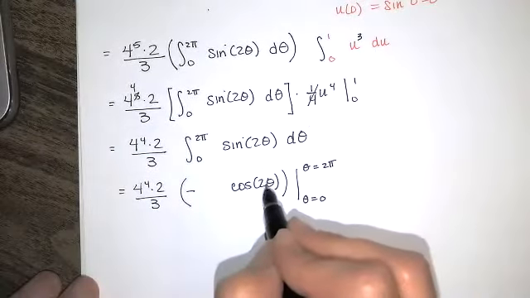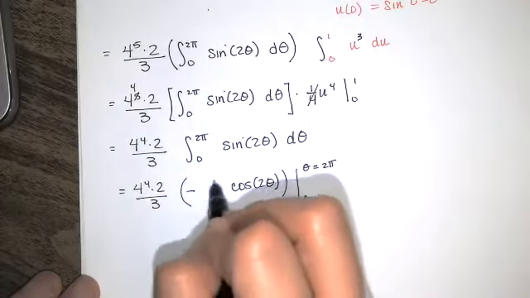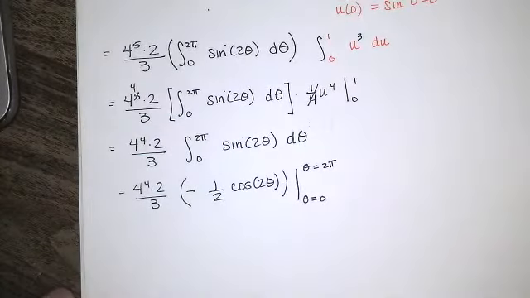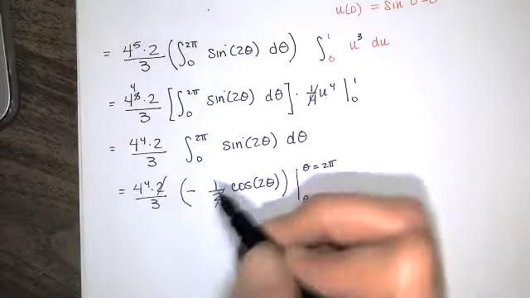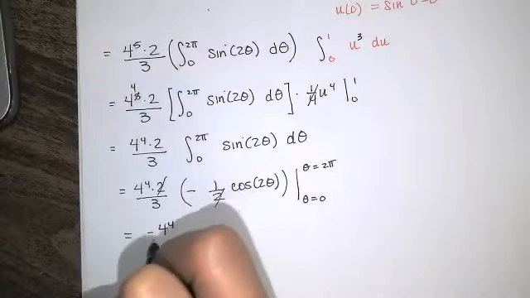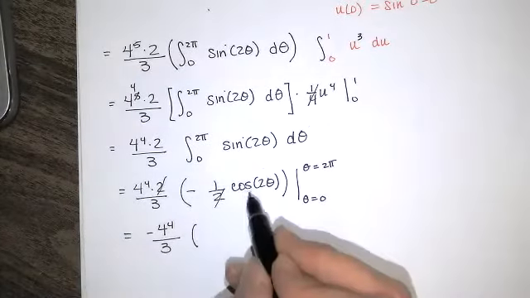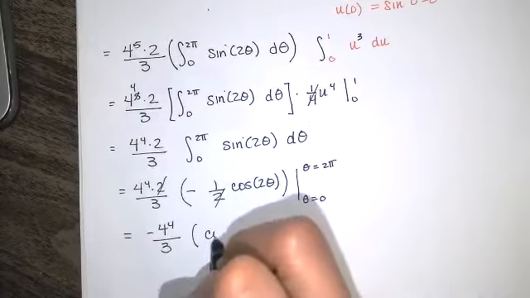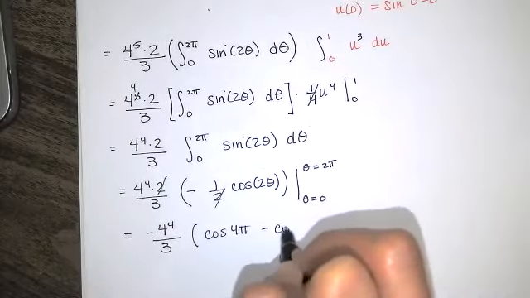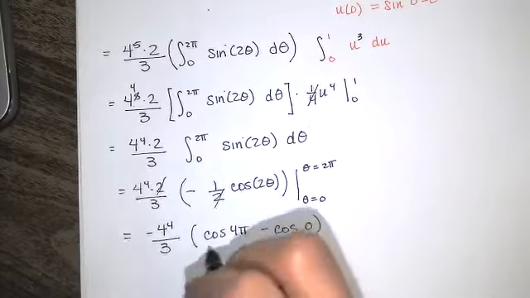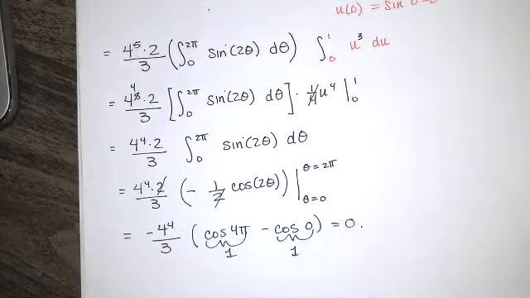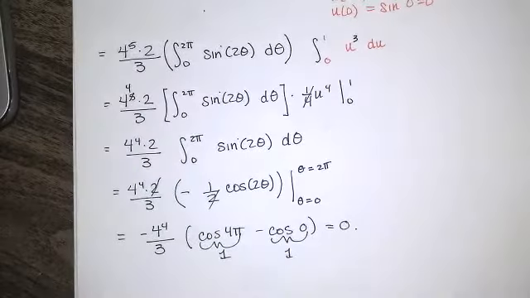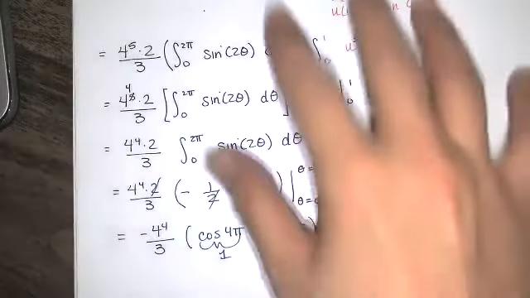Oh, and I forgot, since there is a constant multiplying that theta inside, we've got to have a 1/2 outside. So I'll take that negative and I'll factor it out. The 2's will reduce. And then we end up with cosine of 4 pi minus cosine of 0. Oops, I guess that's 1 minus 1. So we get 0. It's a little anticlimactic, but it really wasn't too bad.